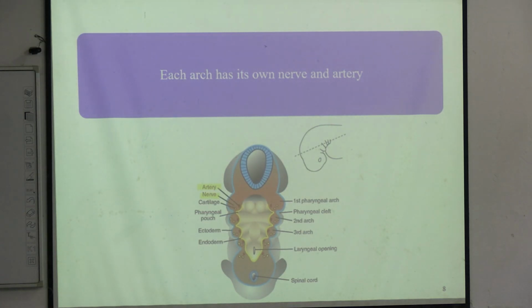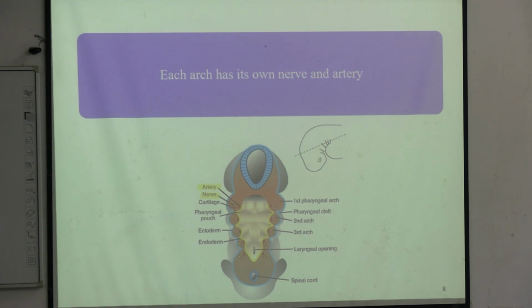So likewise the nerves. So for the first arch, we have a nerve which is coming from V, trigeminal. So the first arch nerve is 5th cranial nerve. That means trigeminal is going to supply all the muscles that is produced from the first arch.